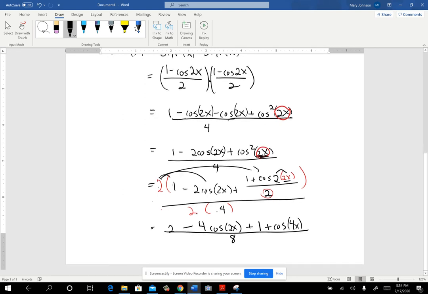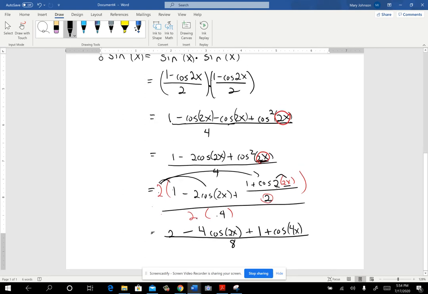Okay. All right, so let's see now. So that's a 2 and a 1, which is going to be a 3 minus 4 cosine 2x plus cosine of 4x. And all of that's over 8. So let me go ahead and divide that 8 into each little piece.